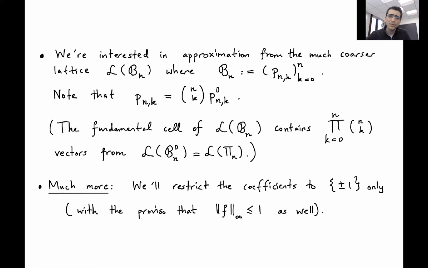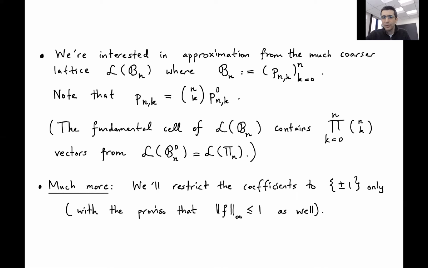We will be restricting the coefficients further to a one-bit alphabet, going from all integers to two values, here plus and minus one, with the assumption that the function is now bounded.